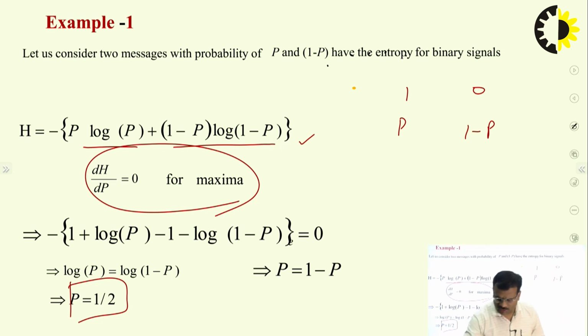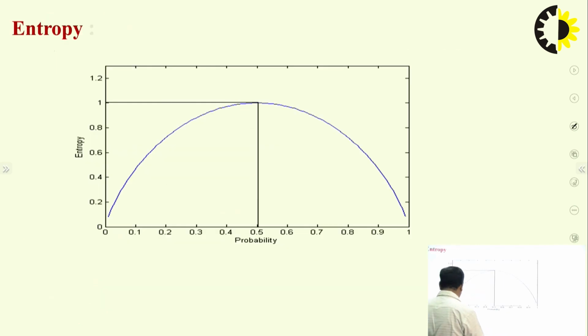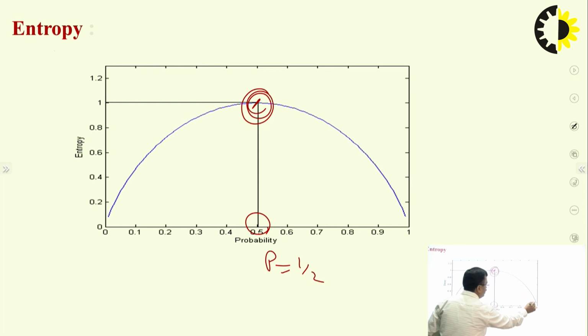So in a binary source, you will get the maximum entropy equal to 1 at p equal to 0.5. In this graph also you can understand that the entropy increases with the probability and is equal to 1, the maximum, whenever p is equal to 1 by 2, and again it decreases.